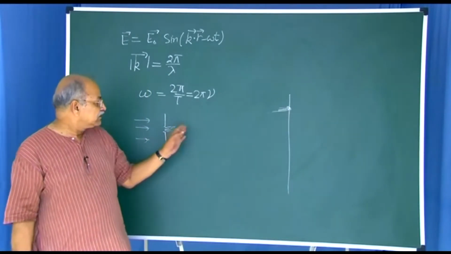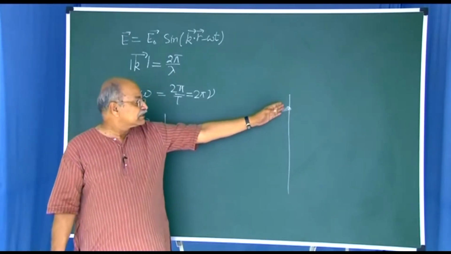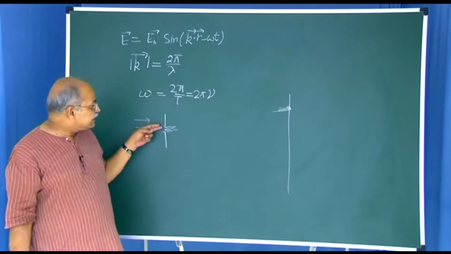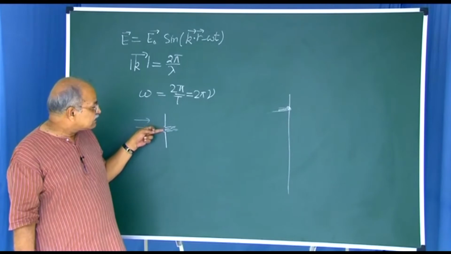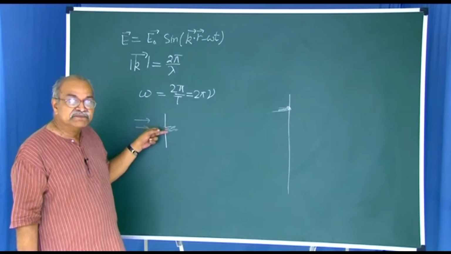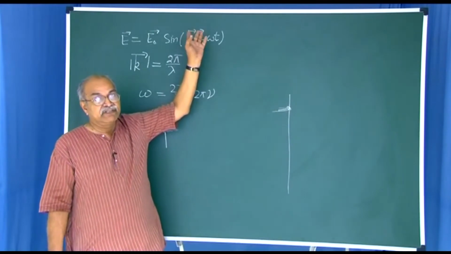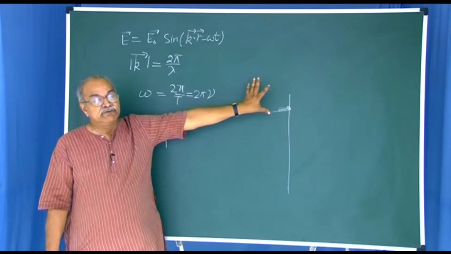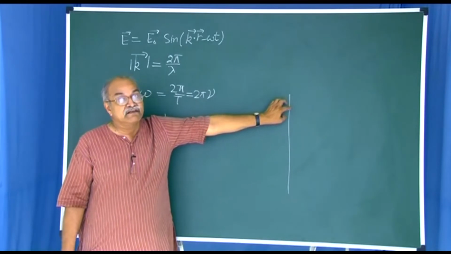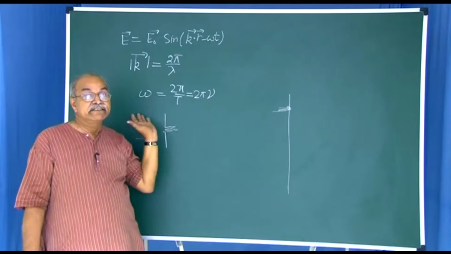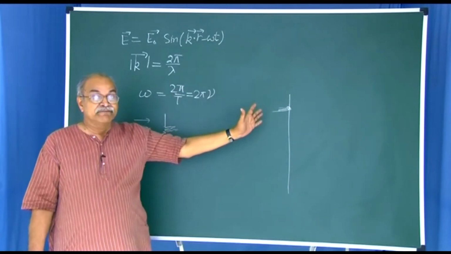These different wave parts originating from different portions of the slit will have different phases, and when they add, they may give you a pattern of changing intensity which we call the single slit diffraction pattern.